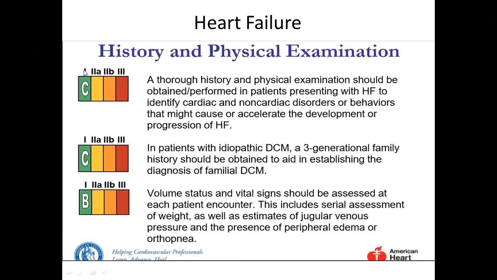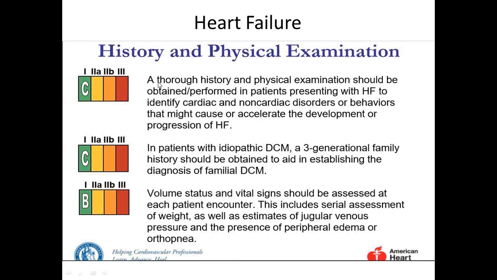So we classify either tests or whatever into class 1, class 2, and we divide class 2 into class 2A, class 2B, and then we have class 3. Class 3 is contraindicated. You should not do it. It does not provide benefit, or it may cause harm to the patient.